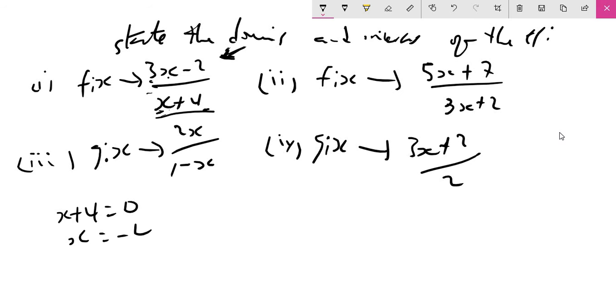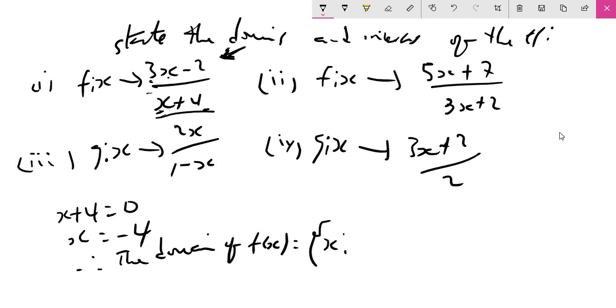We find that x equals minus 4. So therefore, the domain of f of x is given by the set of x such that x is a real number, but x is not equal to minus 4.